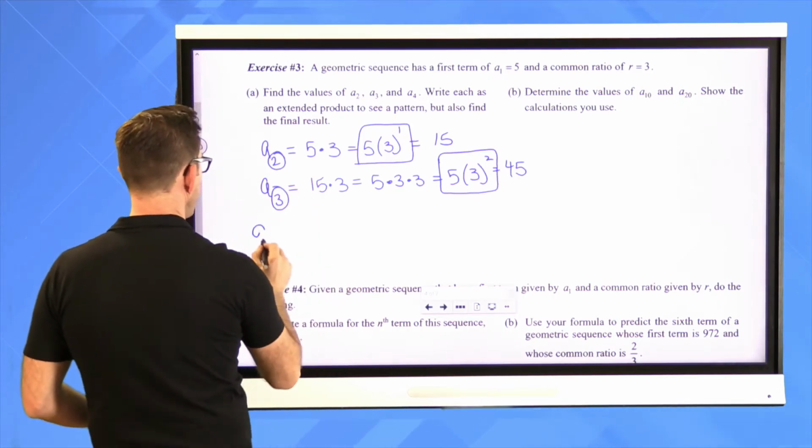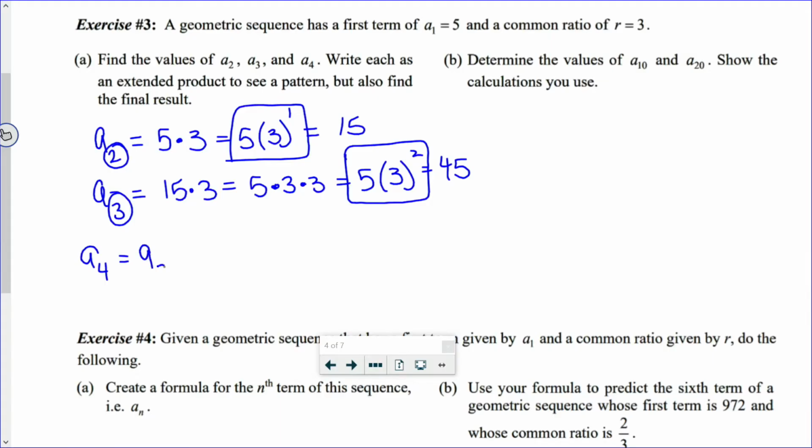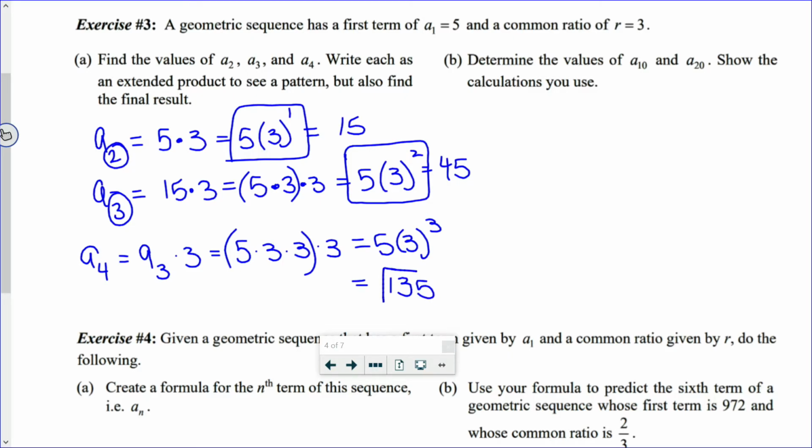And finally, A4 is going to be A3 times 3, which is 5 times 3 times 3 times 3, right? Which is 5 times 3 to the third. And that's going to be 135.